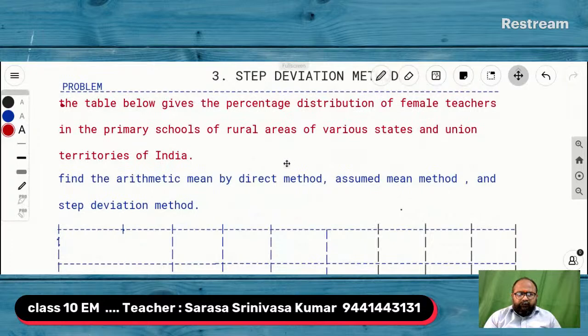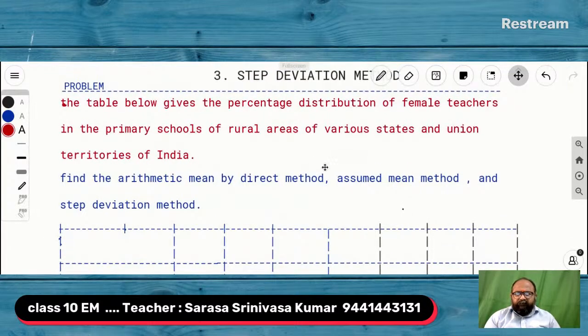Problem: the table below gives the percentage distribution of female teachers in the primary schools of rural areas of various states and union territories of India. So, how many female teachers are there?